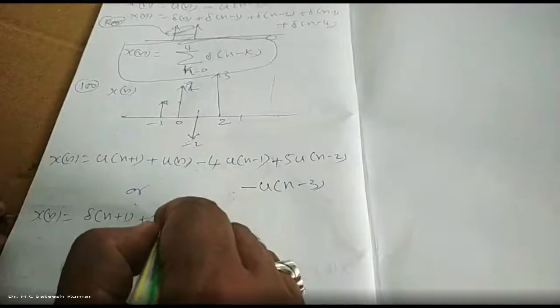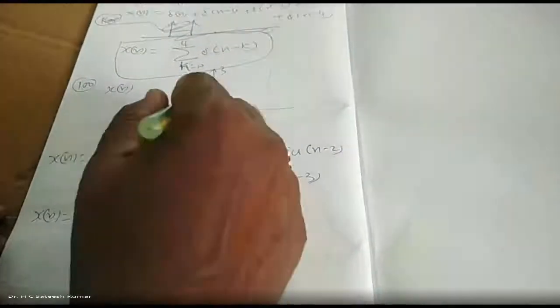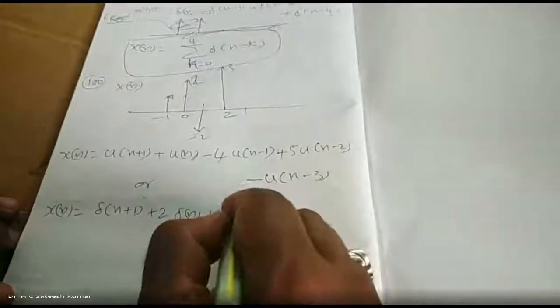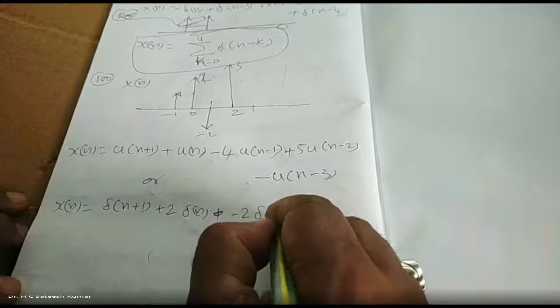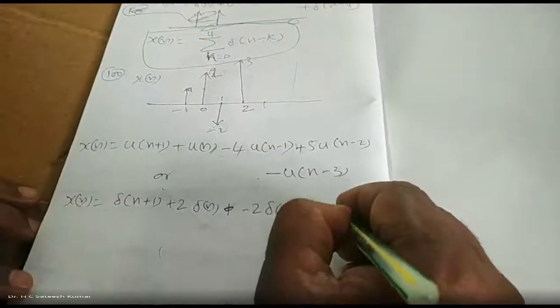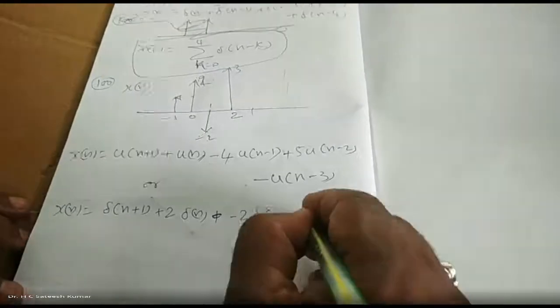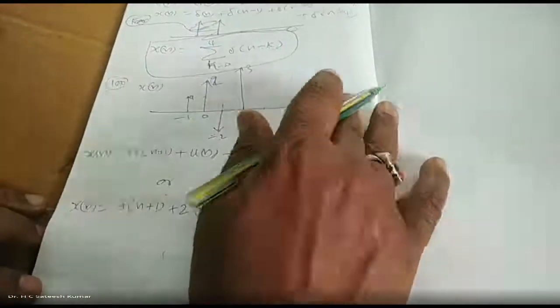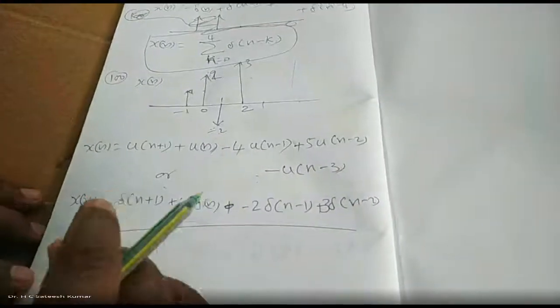At 1, what is the amplitude? Minus 2. So minus 2 delta of n minus 1. At 2, plus 3 delta of n minus 2, amplitude is 3. That's it. No, because it is an individual element, it will not be extended. That is the way you should do it.